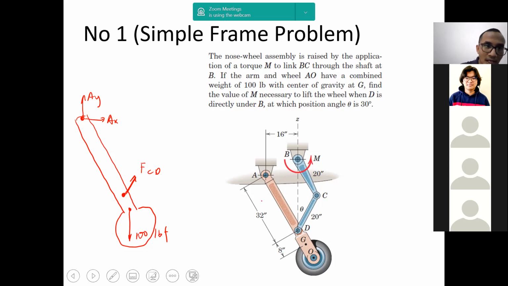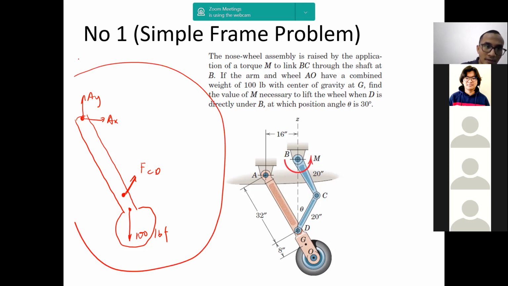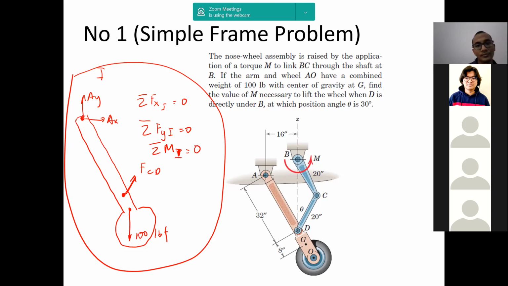Yes, we can, because for this first free body diagram we have sigma Fx1 equal to 0, sigma Fy1 equal to 0, and sigma moment 1 equal to 0. The 1 here means it's correlated with the first free body diagram.